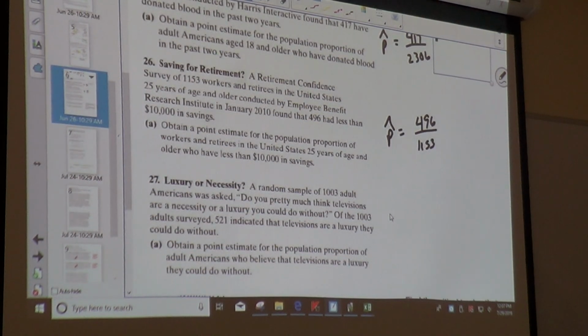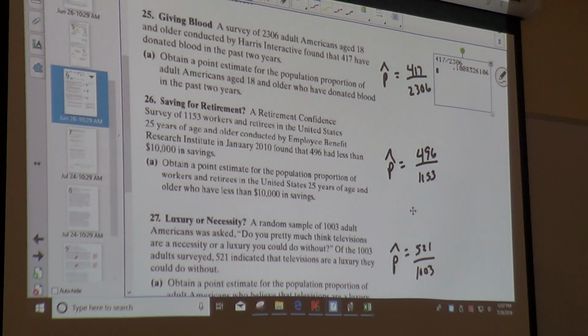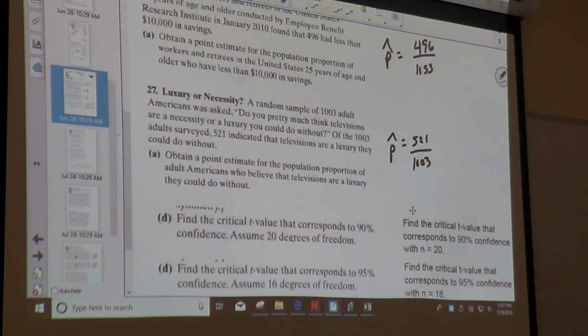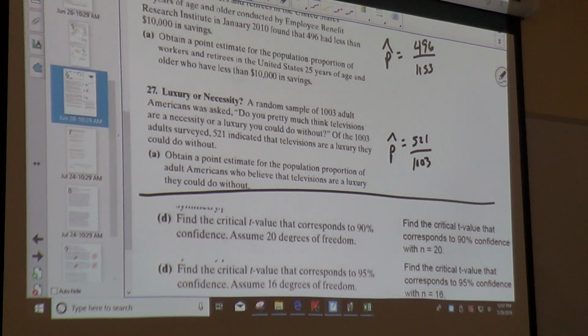I surveyed 1,003, 521 said that they thought it was a luxury to have a TV. So my p-hat would be 521 out of 1,003. That's your point estimate, is just your p-hat. So you really have two problems that are p-hats. That was number 26.